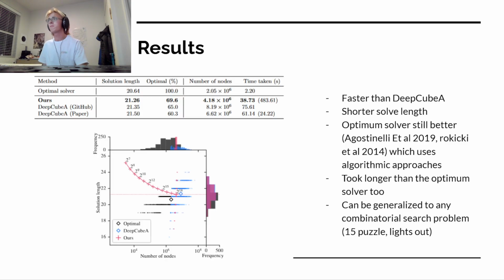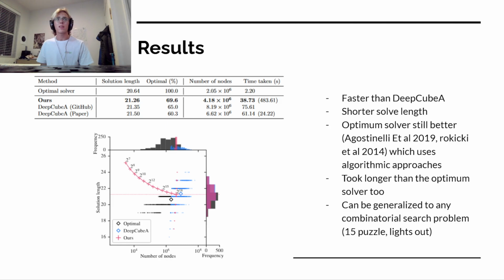So the results. It turns out that the proposed solution isn't entirely optimal, but it is faster than DeepCube. As discussed previously, the IDA star solvers are a little bit faster and lead to shorter moves.